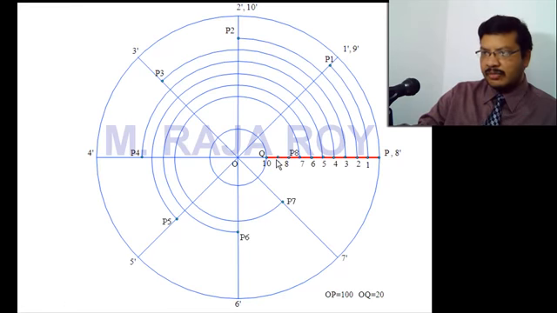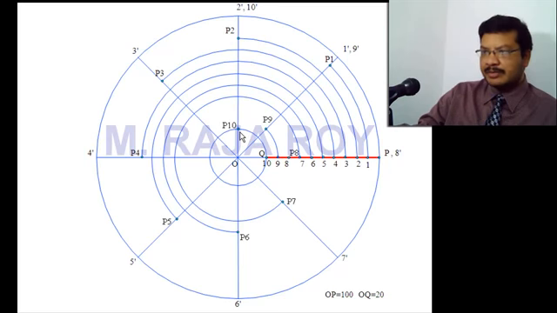Next, take O9 as radius, O as center. Draw an arc onto the O9 dash line, something like this. This point is P9. Next, O as center, O10 as radius. You have to draw an arc onto this line. So here you will get P10.